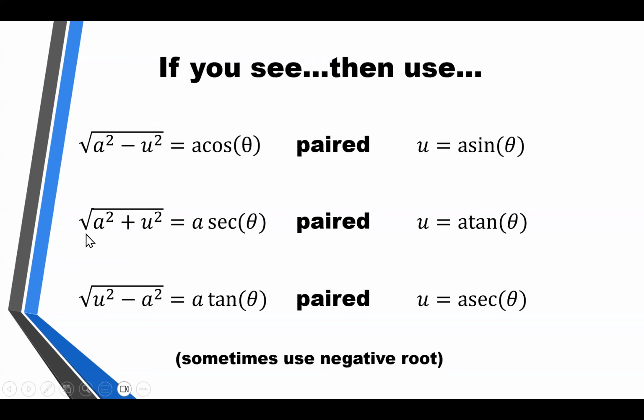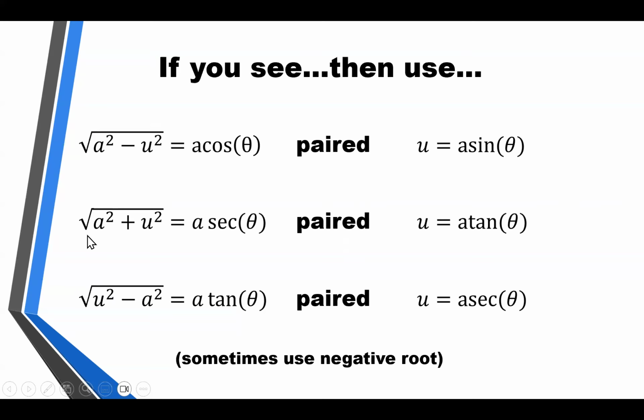So if we see the square root of a squared minus u squared, I can take that square root and replace it with an a times cosine of theta. Now, if we do that, then we pair that with u being a times sine of theta.